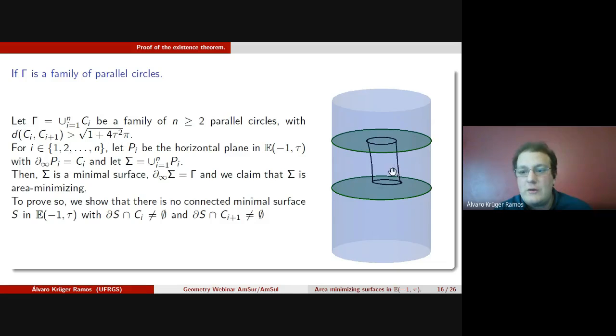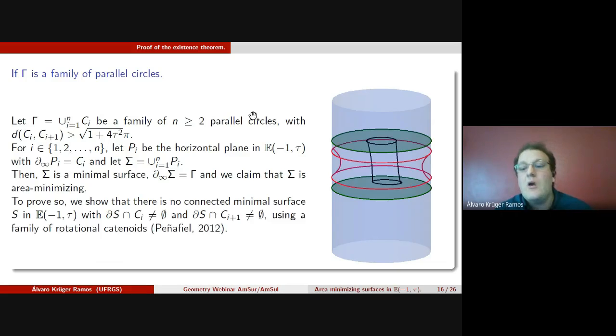So let me show you how we prove this. It's simple. We just use a family of rotational catenoids, which was obtained by Carlos Peñafiel in 2012. These rotational catenoids are complete minimal surfaces. They are not area minimizing.